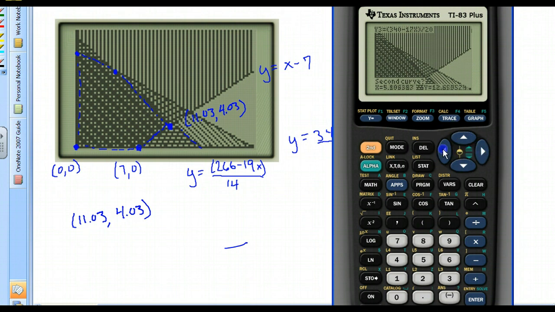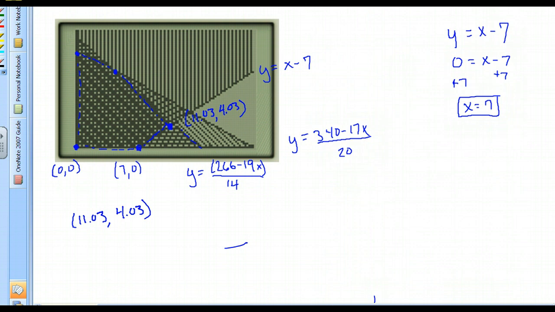So we want the intersection of those two, which occurs roughly right in there. Alright, so 3.94 and 13.65. And again, I'll write that one down here as well. Just another test point.